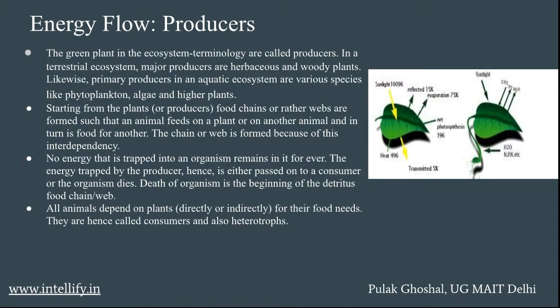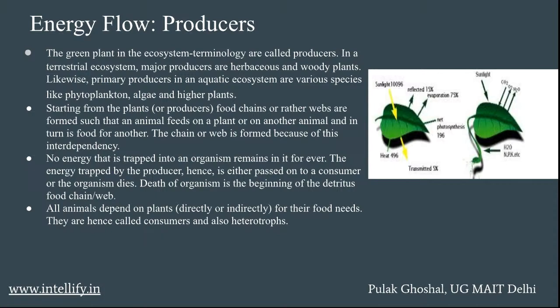They not only form a part of a food chain, rather food webs are formed. An animal feeds on a plant or another animal, and in turn becomes food for another. The chain is formed because of interdependency, and no energy trapped in an organism remains in it forever. Either it will be taken up by another organism, or it will eventually die and decompose.